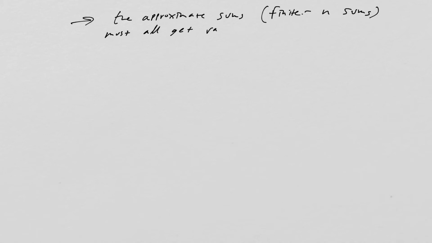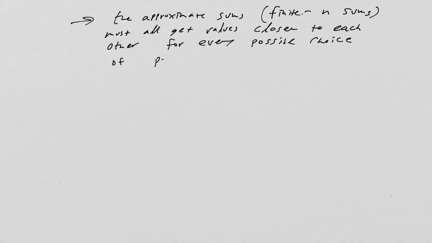The approximate sums, and what I mean by that is the finite n sums, must all get values closer to each other for every possible choice of partition or xi star representative points.